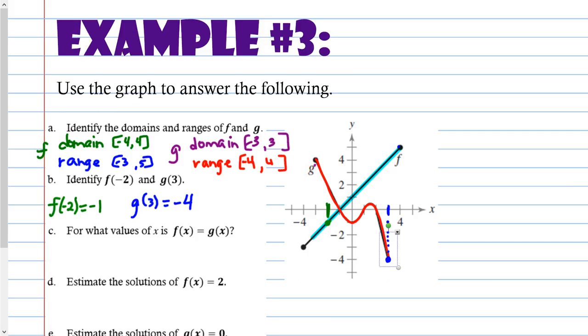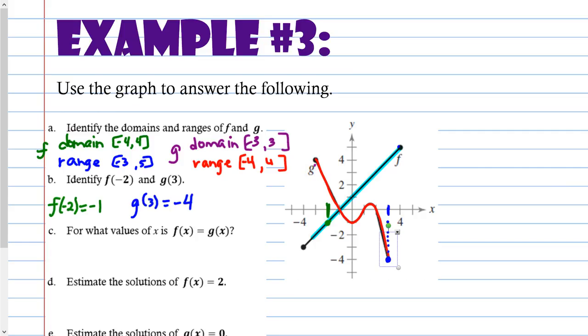Okay, C, for what values of x is f of x equal to g of x? Now, if you remember this from Algebra 1 and I believe also Algebra 2, and even pre-calculus, functions are equal when their graphs intersect.